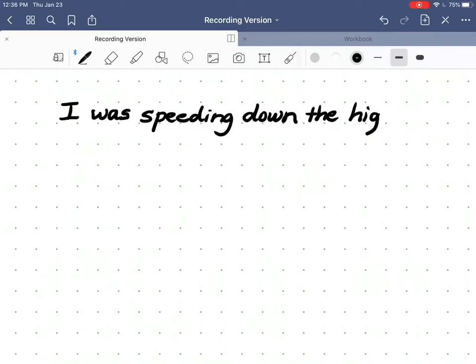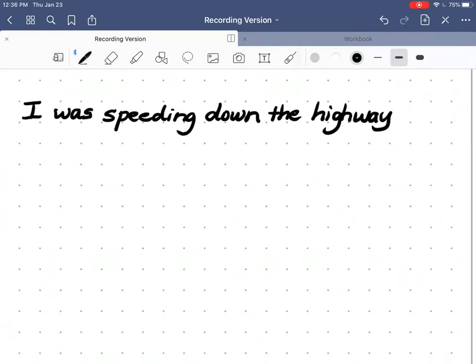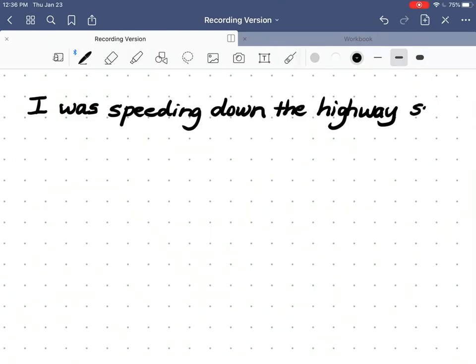I was speeding down the highway. So, what happened to me? If I was speeding down the highway, what pops into your mind? I had a wreck. I got a ticket.